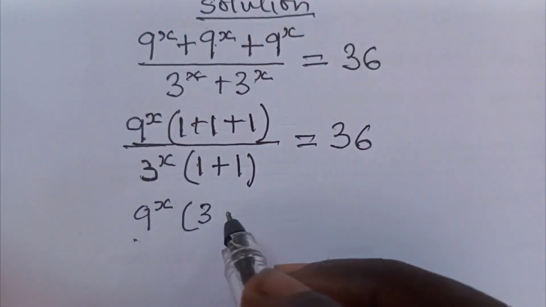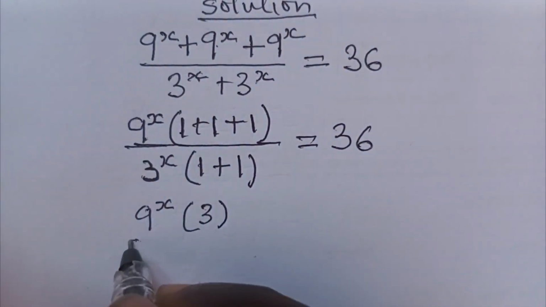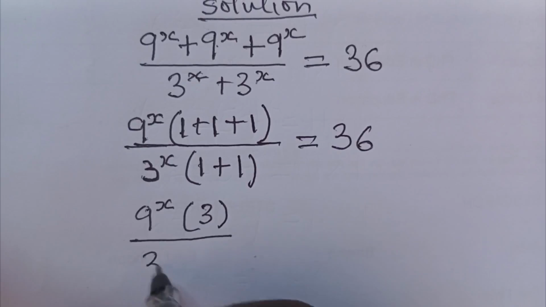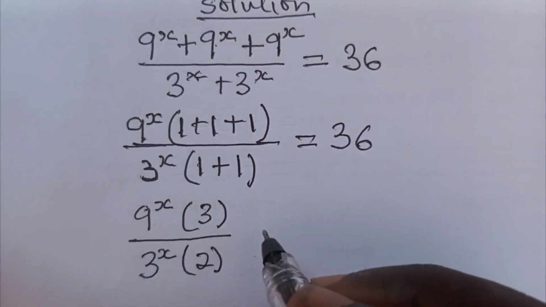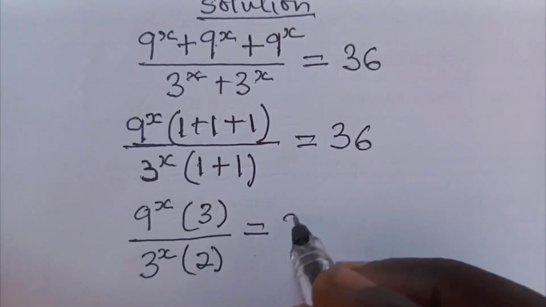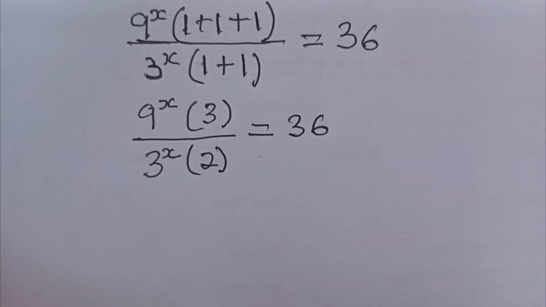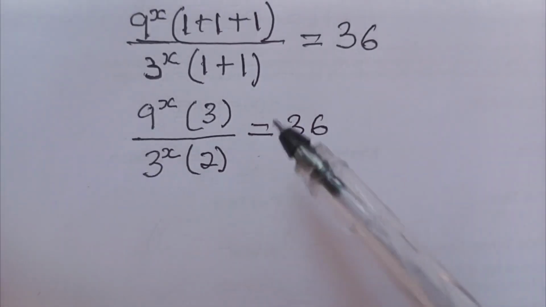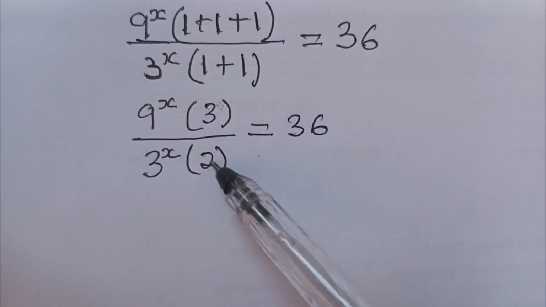So from here, we can say 9^x into 3, because 1 plus 1 plus 1 gives us 3, divided by 3^x into 2, is equal to 36. So what do we do next? Let's find a way of eliminating 3 over 2.